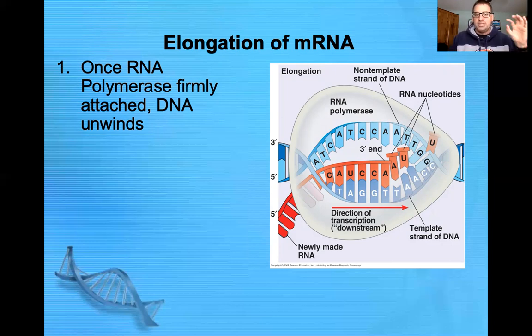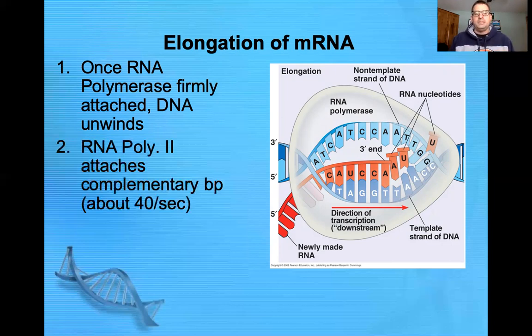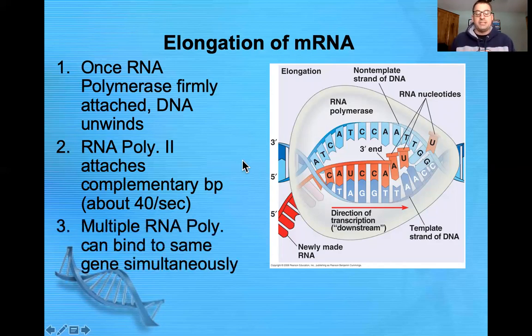The RNA polymerase attaches, the DNA unwinds, and RNA polymerase II will start then attaching complementary bases to the template strand of the DNA. Okay, so we have a template strand that is being used in transcription. The other strand that's not being used is the non-template strand. RNA polymerase II will work at a rate of about 40 bases paired up per second.